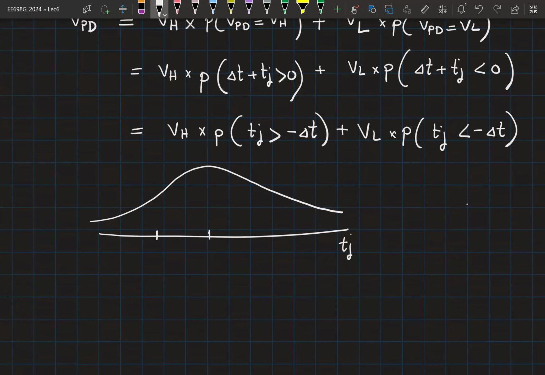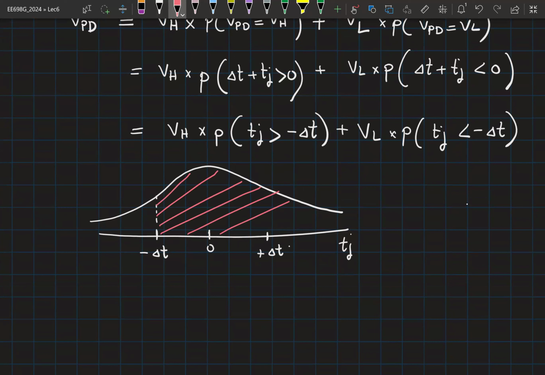Now let's say this is minus delta T and this is plus delta T. So when I say Tj greater than minus delta T, I am looking at the area under the curve as shown here.